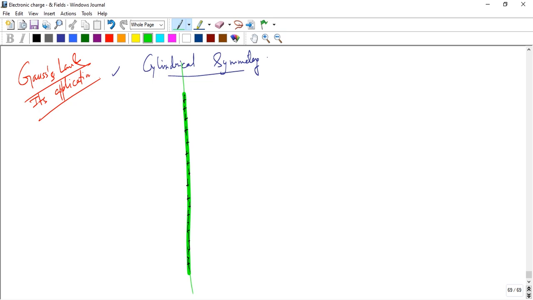Now, if you want to calculate the electric field surrounding that wire, you need to apply Gauss's law. So we choose a cylinder. That's the cylindrical symmetry.